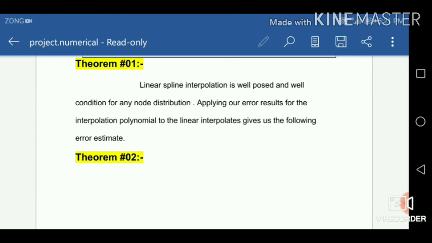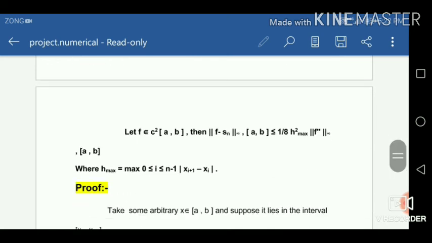Now I will discuss the theorems of spline interpolation. Theorem 1: a linear spline interpolation is well posed and well conditioned for any node distribution. Applying our error results for the interpolation polynomial to the linear interpolant gives us the following error estimate. Theorem 2: let f belong to C²[a, b].